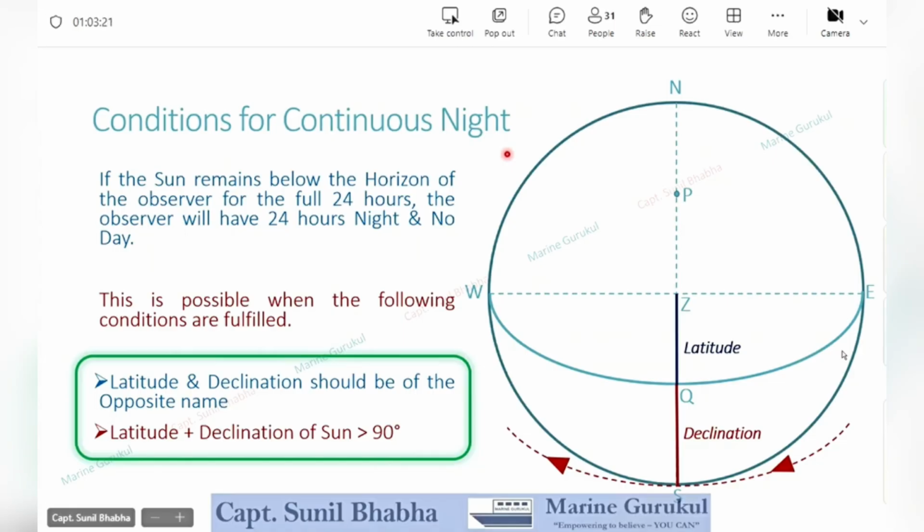Whenever the sun has a northerly declination, in that scenario, the south pole has a continuous night or a 24 hours night, because Lat and Dec are of opposite names and the latitude plus declination is greater than 90. The same thing happens when the sun is having a southerly declination. There is a continuous night or 24 hours night on the north pole.